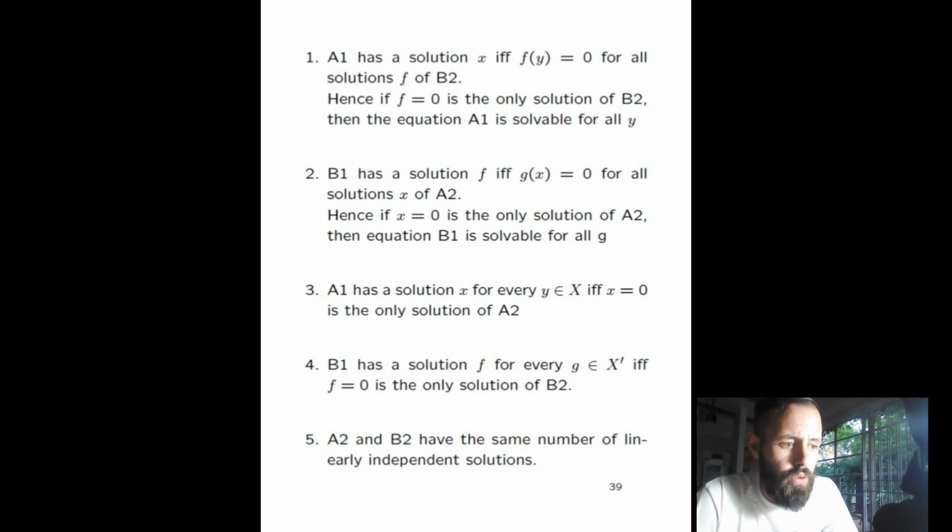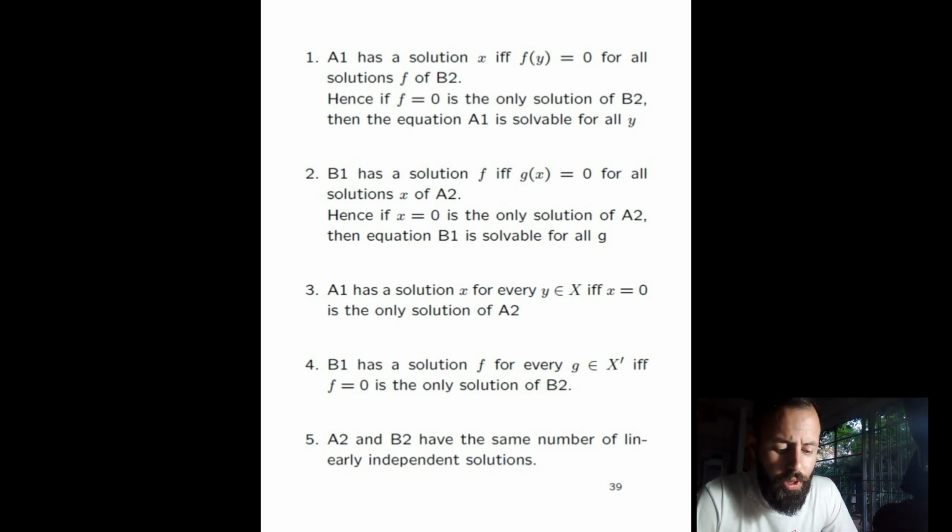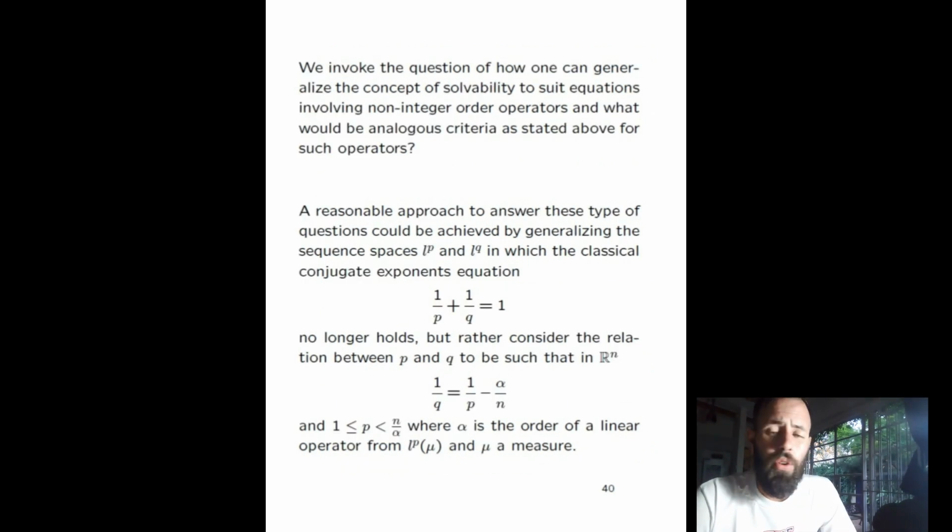So we would like to raise the question of whether there are analogous criteria that we could develop that would help us solve non-integer order operator equations, and talk more about that later.